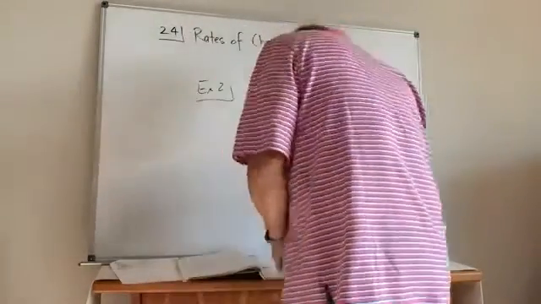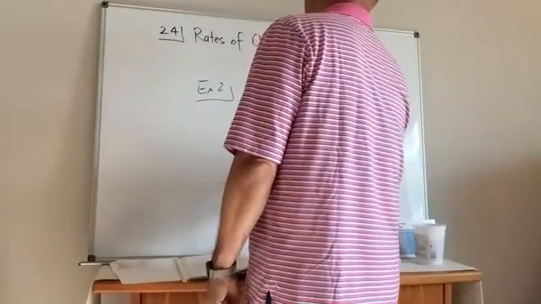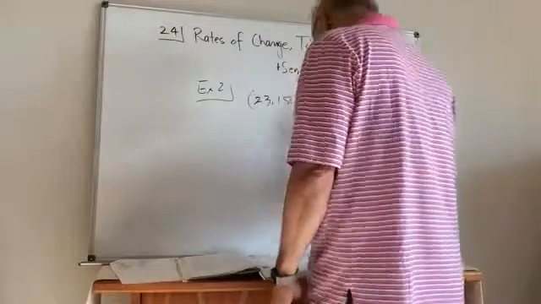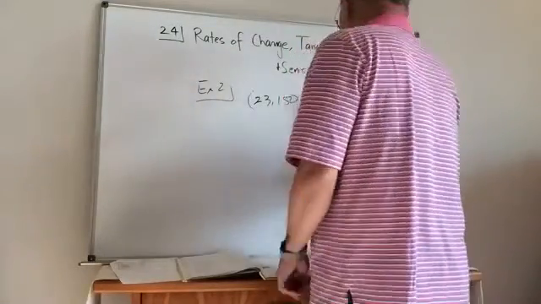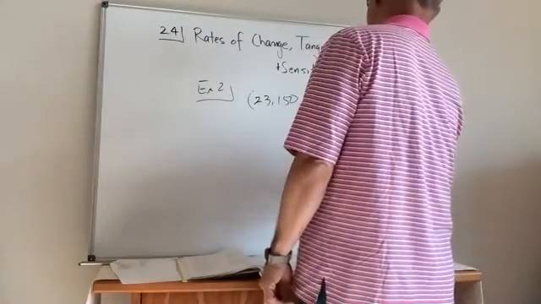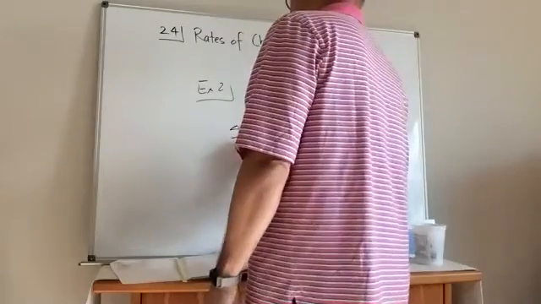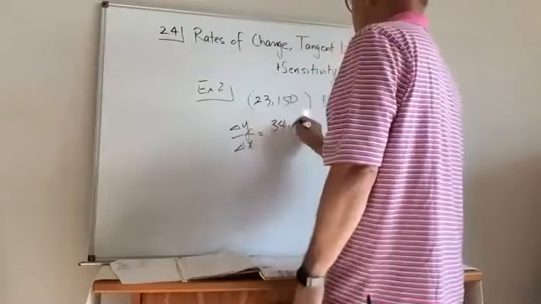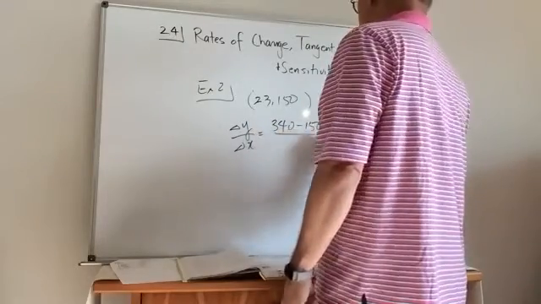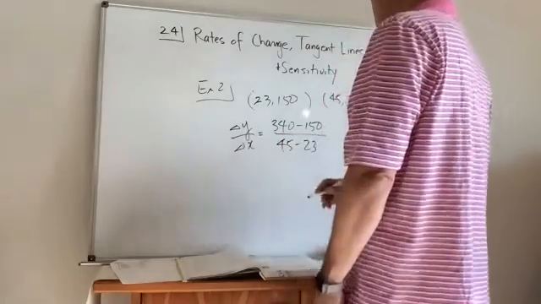Again, we have the 2 points 23, 150, and 45, 340. So the average rate of change is delta y over delta x. Delta y here is going to be 340 minus 150 over 45 minus 23.